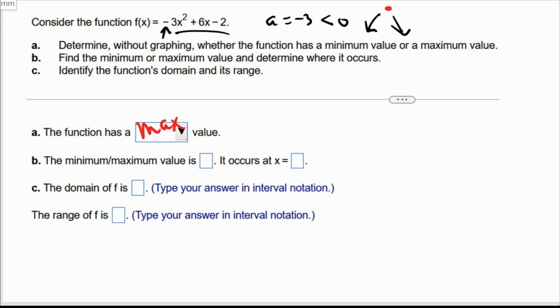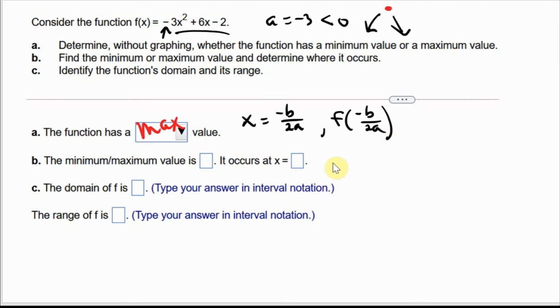we can get that a couple of ways. You can use that formula, or what formula am I talking about? You can use x equal to negative b over 2a, and then f of negative b over 2a. I'm just going to complete the square if I can. If I can complete the square, that's my go-to.